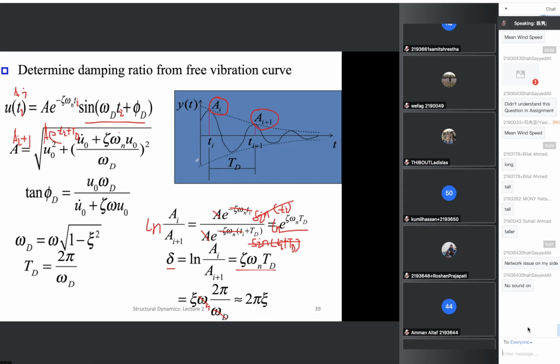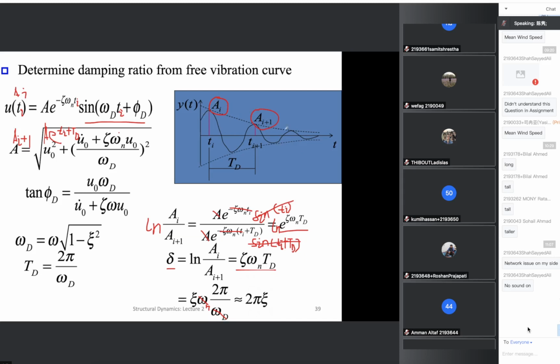In today's homework, I give you one curve from a real structure, and I need you to determine the natural frequency and the damping ratio of the structure. I give you a data file with two columns: this column is time t, and this column is amplitude.